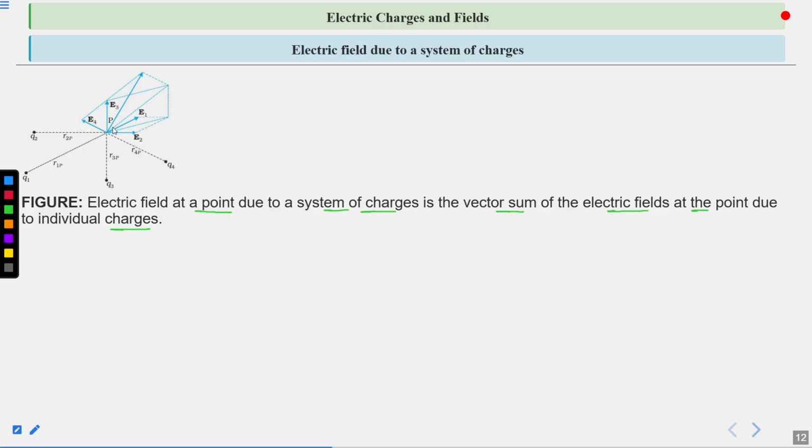Suppose the point is P. Here the electric fields E1, E2, E3, E4 are due to the other charges. The distance of charge 1 from the point P is r1P. Similarly, r2P is the distance of charge Q2 from the point P, and so on.